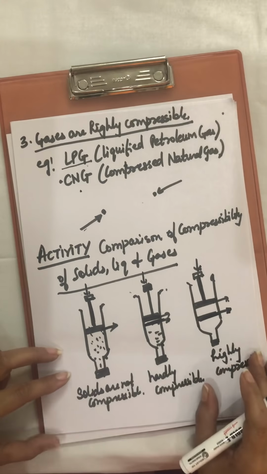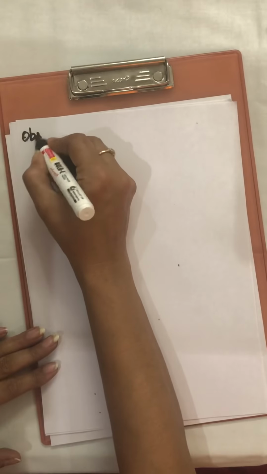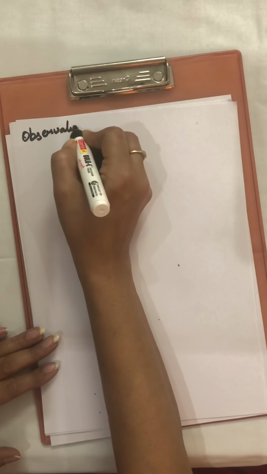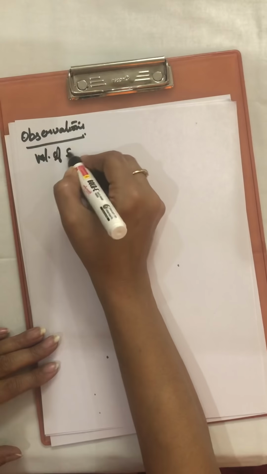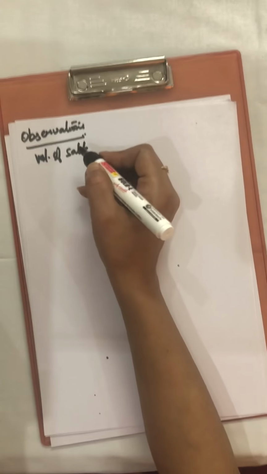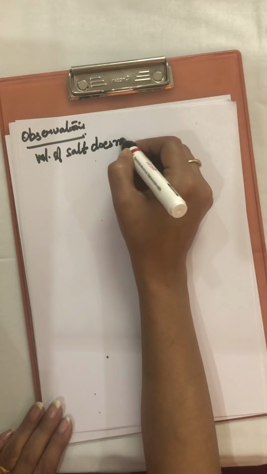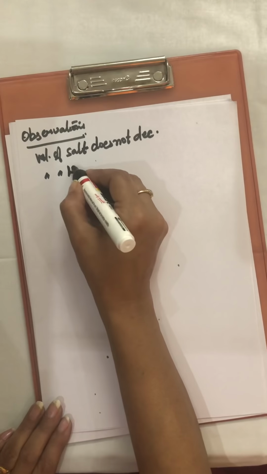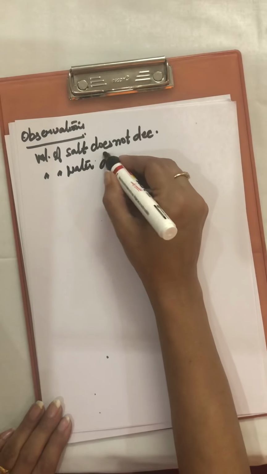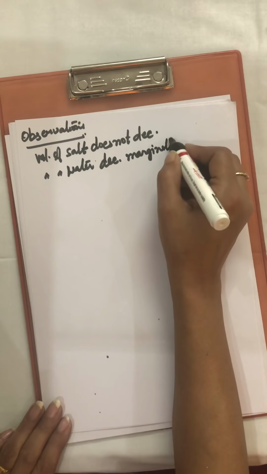So from this activity, the observations are: volume of salt does not decrease, while volume of water decreases marginally, very little.